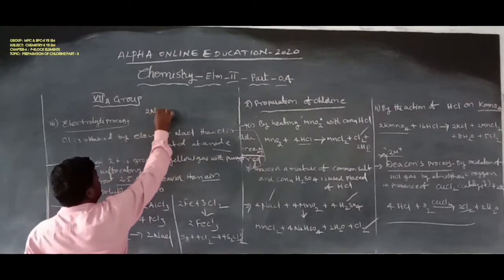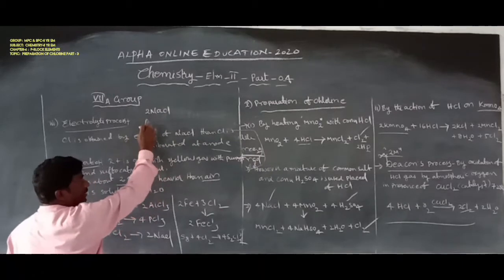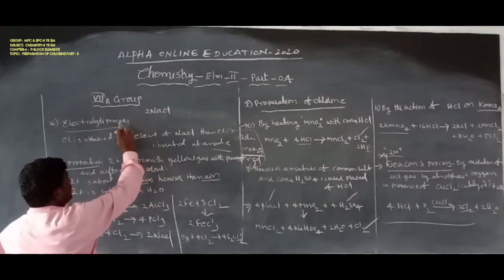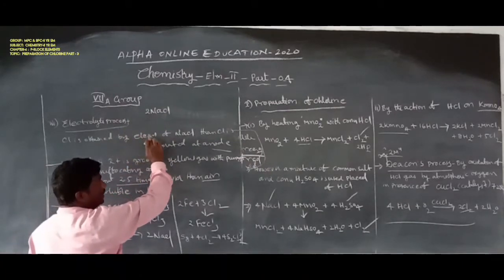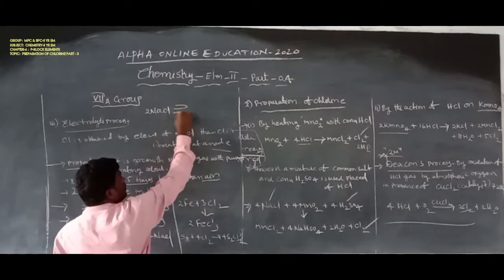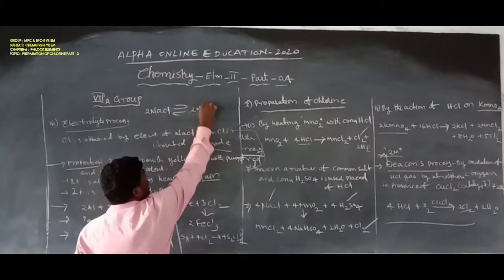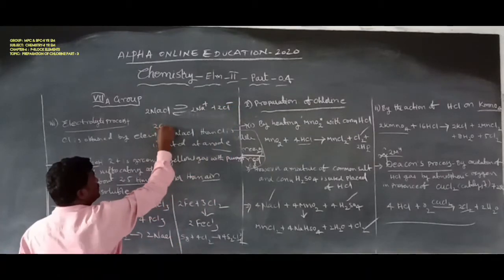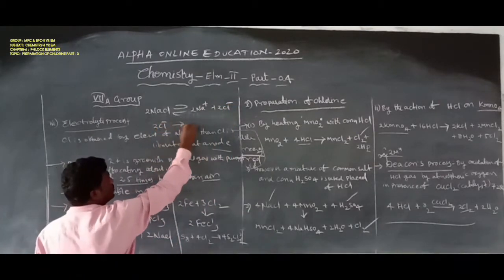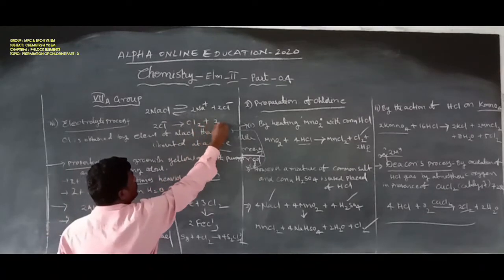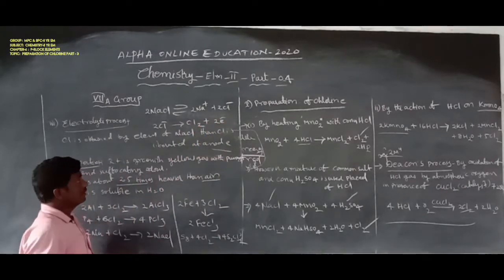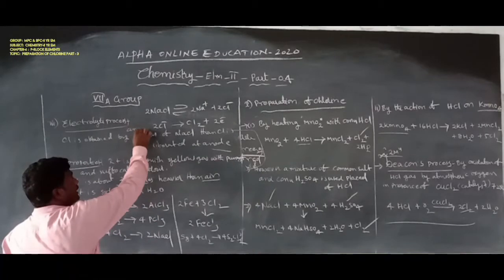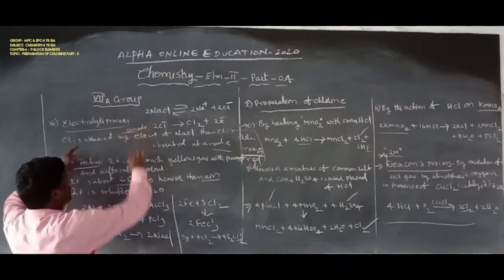For example, NaCl brine solution is electrolysed to form two ions: 2Na+ ion plus 2Cl- ion. Then 2Cl- ion gives Cl2 plus 2 electrons, at the anode.